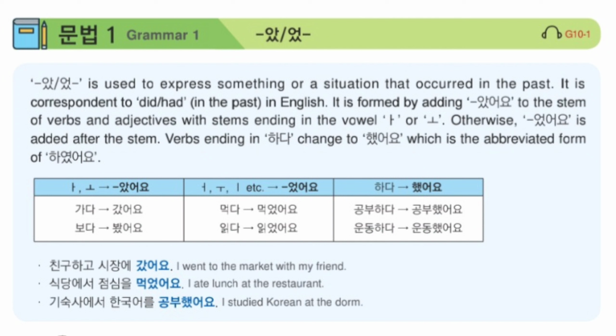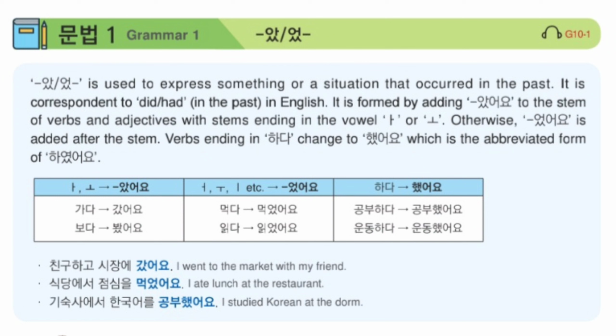Let's hear another example. 식당에서 점심을 먹었어요. Good. What's the verb for eat? To eat? 먹다. Okay. So what's ate? 먹었어요. You got it. And here's another sentence that you might use a lot if you come to Korea as an exchange student. 기숙사에서 한국어를 공부했어요. Good.